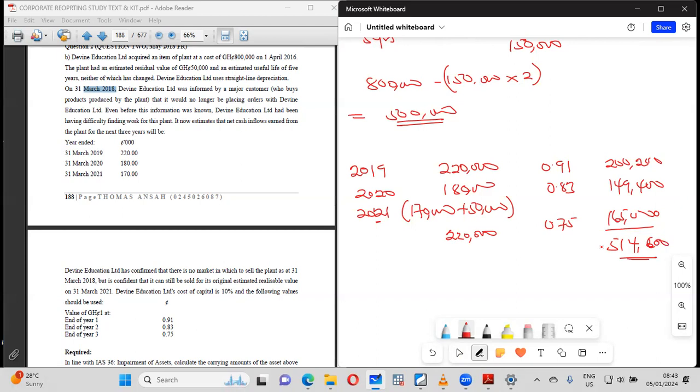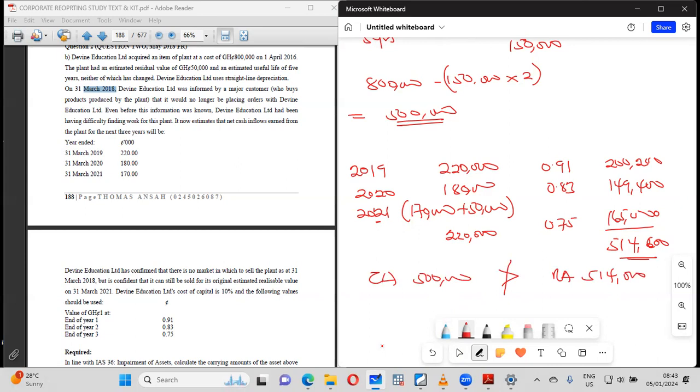Yeah, is there impairment? The carrying amount is what? 500, and the recoverable amount is what? 514. The carrying amount is not greater than this, and it means that there is no impairment.